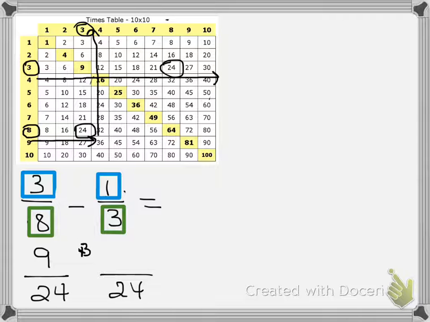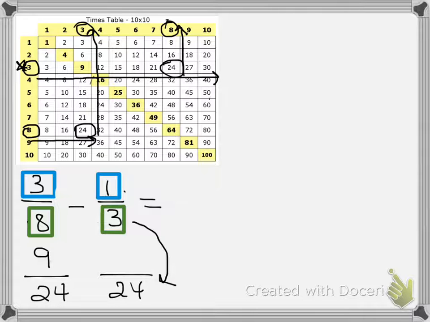And I'm going to look over to 1/3. So now I'm going to ask myself again, what did I do to this 3 to turn it into a 24? I'm going to look at my 3 row right here. I'm going to go up, and I'm going to see I have an 8. That means that 3 times 8 equals 24.